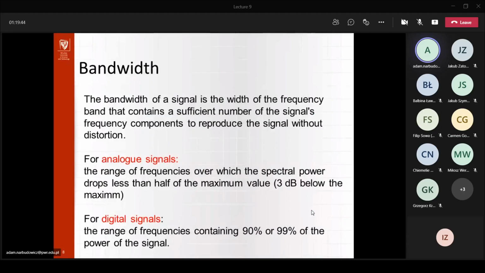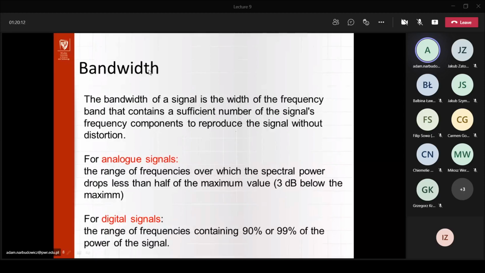So with that, just a notion about the bandwidth of the signal. As I mentioned, the bandwidth is basically the width of the frequency range which contains a sufficient amount of the signal that we're transmitting. So typically it's defined as 3 decibels below the maximum for analog signals.